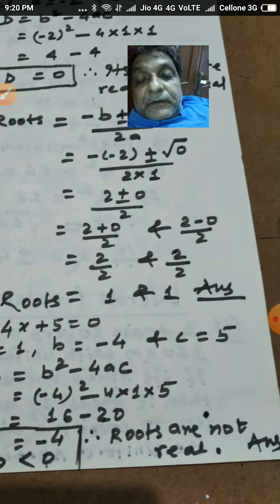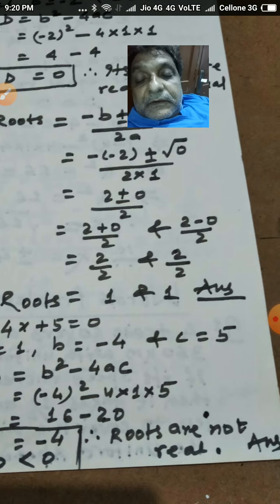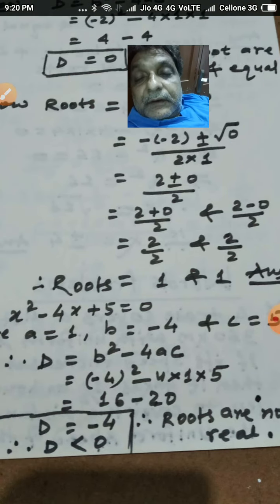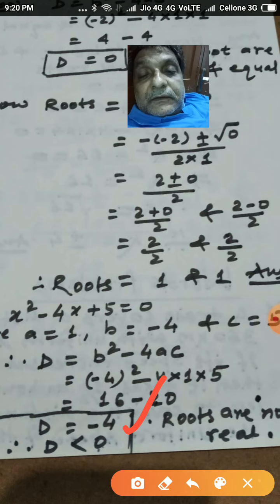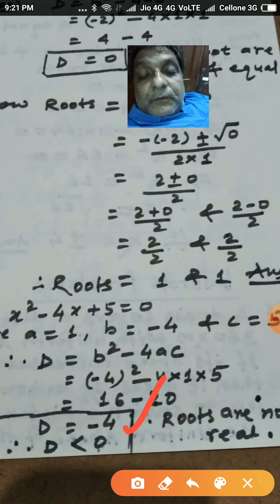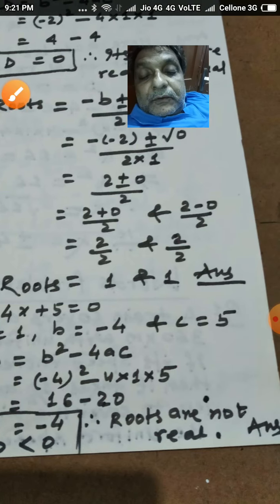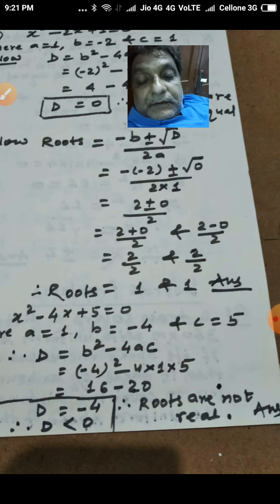Now we find discriminant d equal to b square minus 4ac, so d is coming minus 4, which is less than 0. So the condition is discriminant less than 0. We will write that no real roots are possible, so the roots are not real.